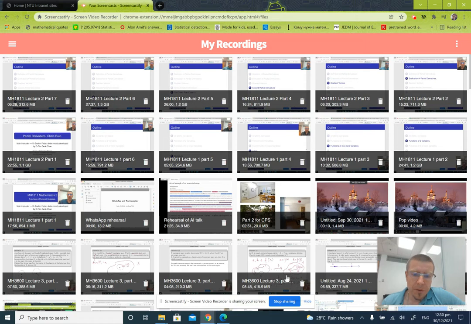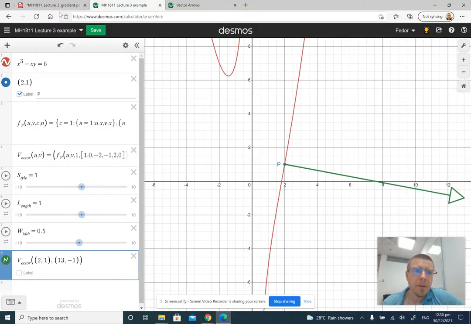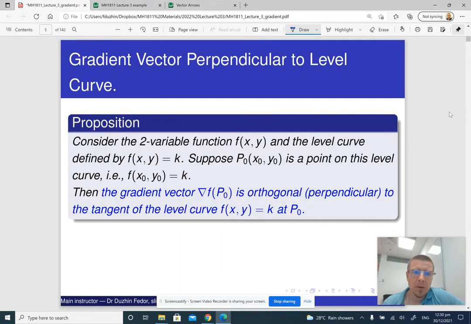Let me switch back to my slides. Now, this is actually a proposition. Proposition is another name for a theorem or a lemma. I didn't make the slides myself.